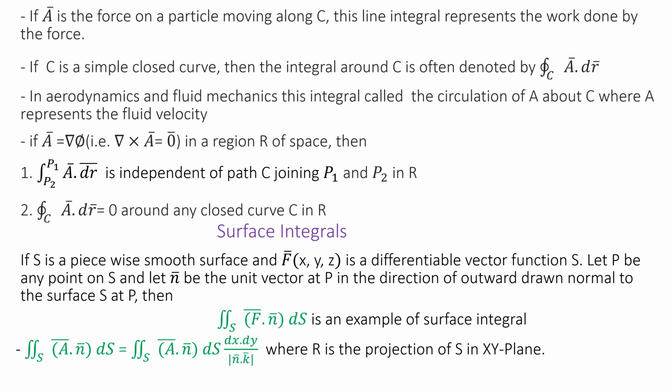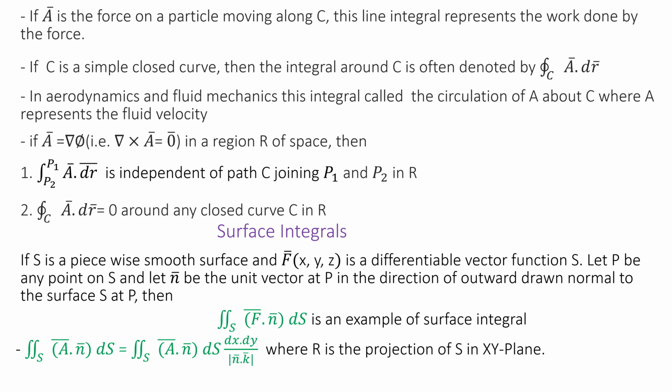Now look at the next important concept, that is surface integral. If S is a piecewise smooth surface and F bar, that is F(x, y, z), is a differentiable vector function, let P be any point on S and let n bar be the unit vector at P in the direction of the outward drawn normal to the surface S at P. Then the double integral over S of F bar dot n bar dS is an example of a surface integral.